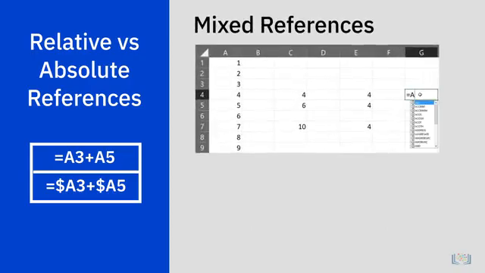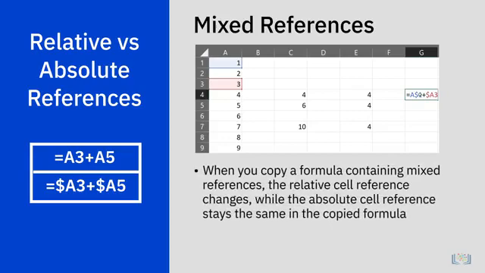These are called mixed references, and an example of this would be $A1 plus $A3, where $A1 has a relative column and an absolute row, or $A3 has an absolute column and a relative row. In contrast to relative and absolute references, when you copy a formula containing mixed cell references, any relative cell references will change, whereas any absolute cell references will stay the same in the copied formula.